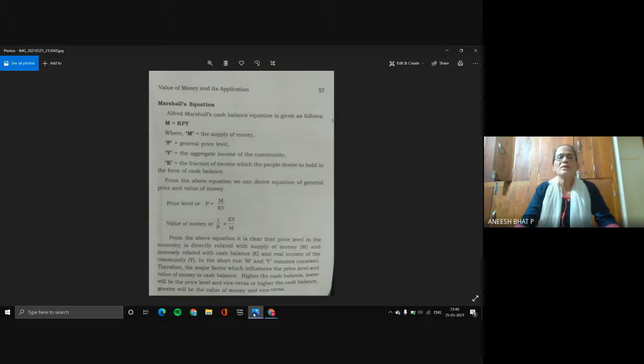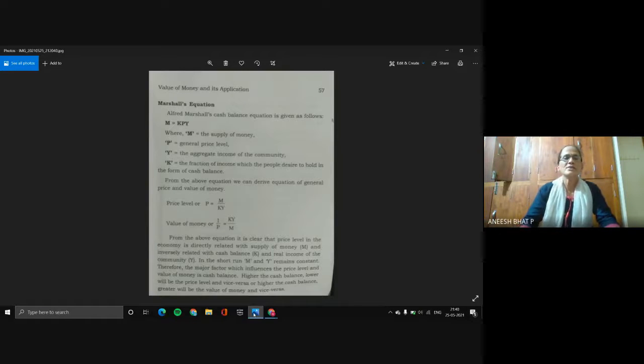Then Y. Y stands for aggregate income of the community. In economics, Y often stands for income. Here, Professor Alfred Marshall also considers Y as the aggregate income of the community. And next, pass on to K. What does K stand for?